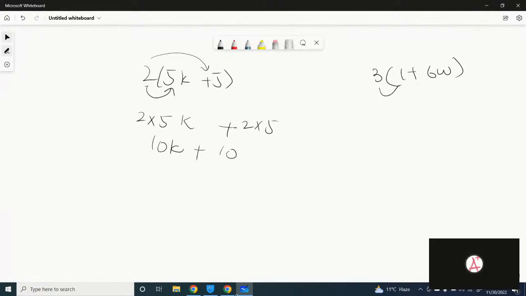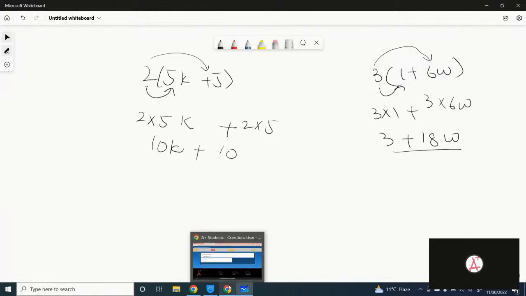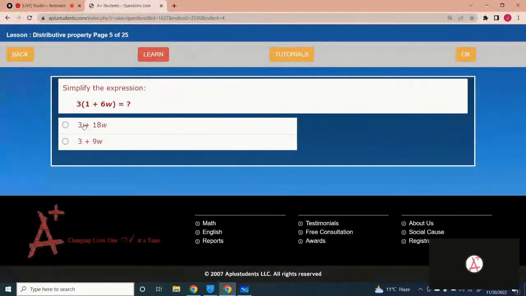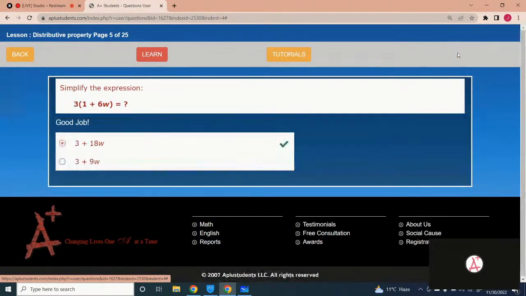You have to do 3 times 1 and plus 3 times 6w. It would be 3 times 1 is 3 and plus 3 times 6 is 18w. Got it? That is the first option, not the second one. Just select the correct option and then click on the OK button.